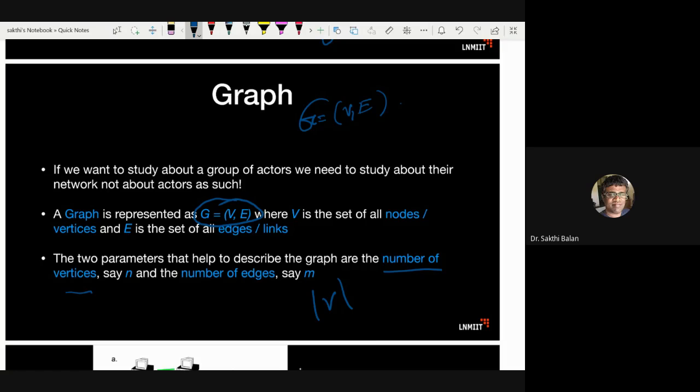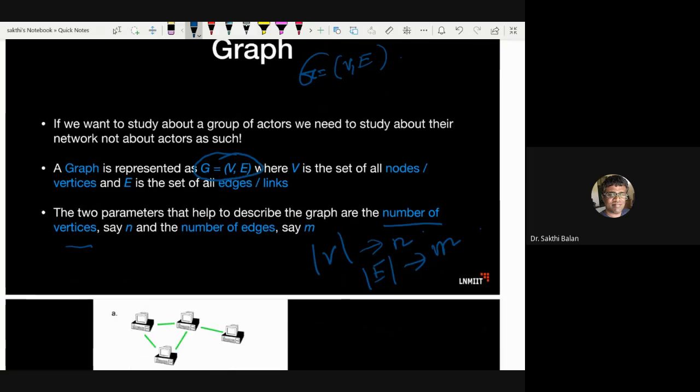So this is the number of vertices, which is n. The number of edges will be denoted as m. So there are m edges and n vertices. These are the two parameters we will use when defining a graph.